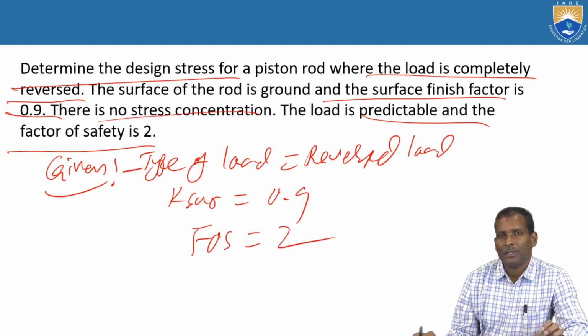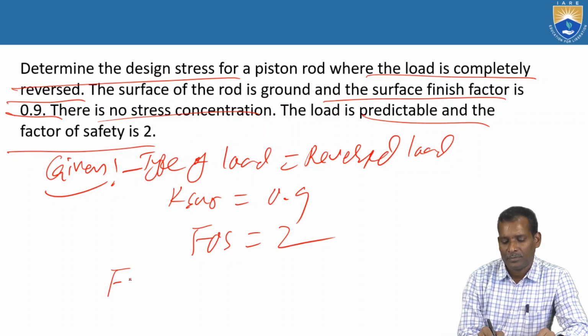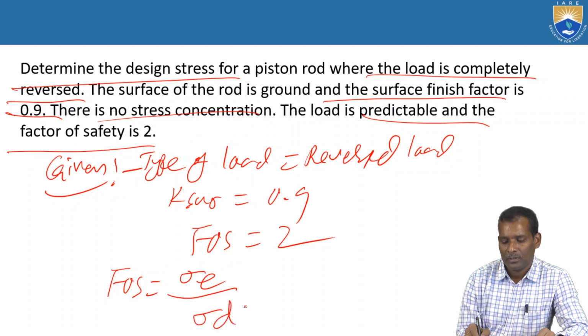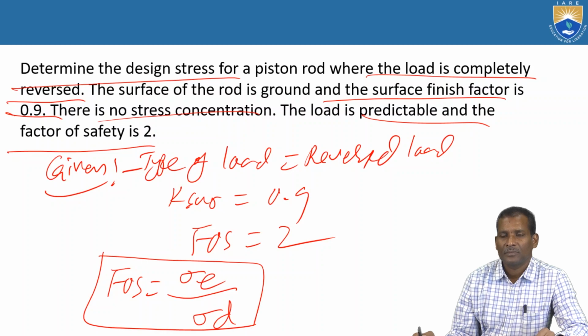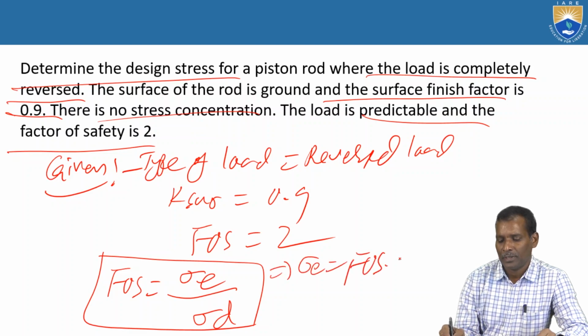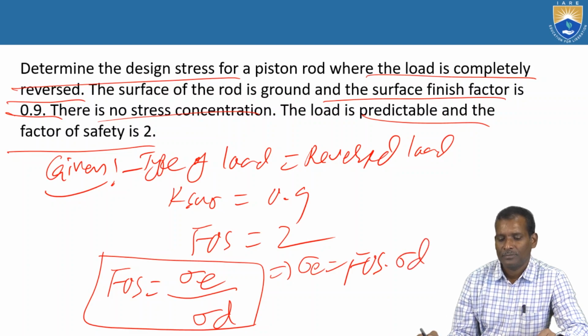As for the factor of safety for fatigue loading, factor of safety is equal to endurance limit upon design stress. So the endurance limit is equal to factor of safety multiplied with sigma D. But he has asked for design stress, so sigma D is equal to sigma E by factor of safety.